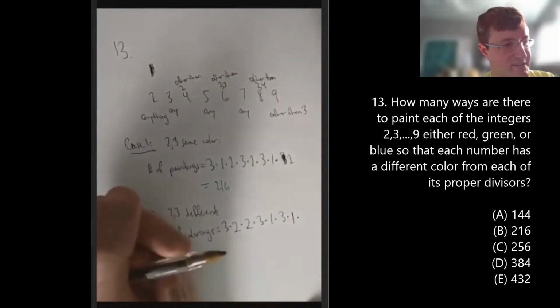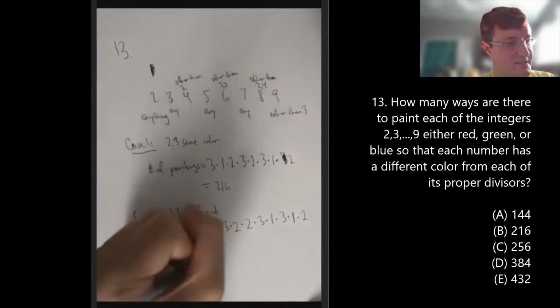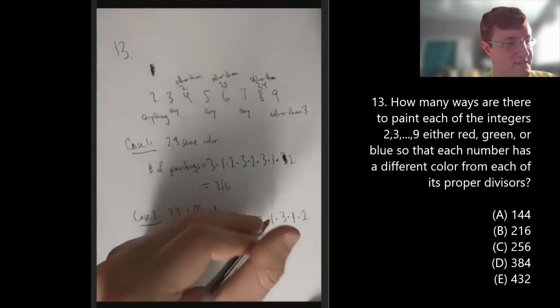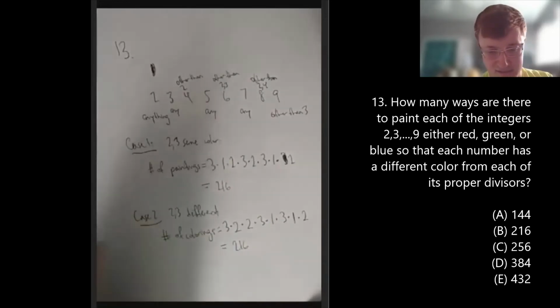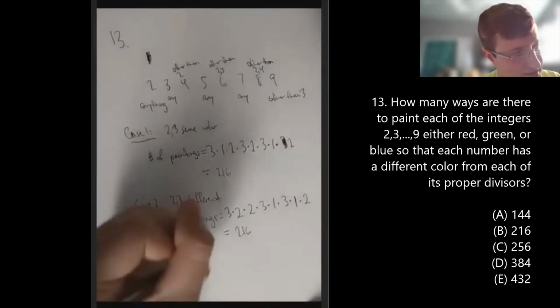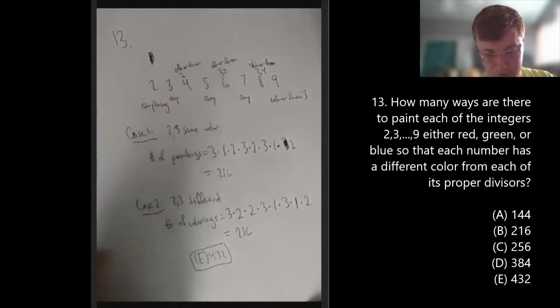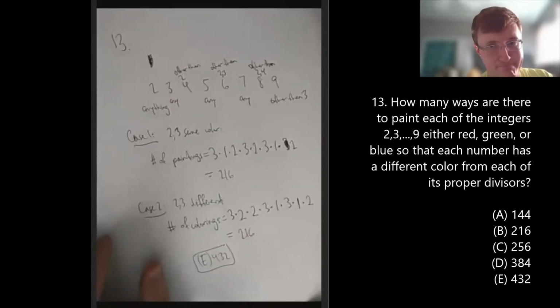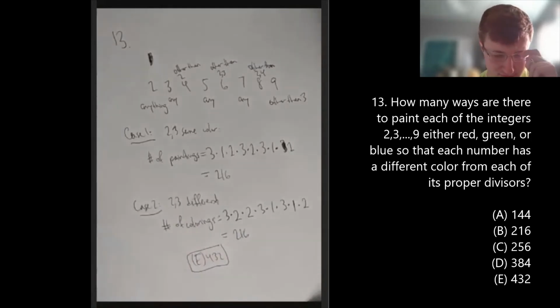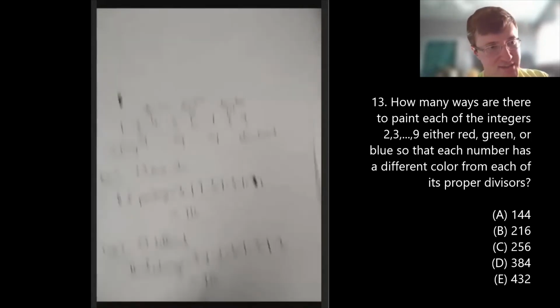And 9 can be anything other than 3. Okay, so 3 times 2, that's 6. 6, another 6, so 216 again. And total, I get 432 colorings. Okay. So yeah, that seems reasonable.